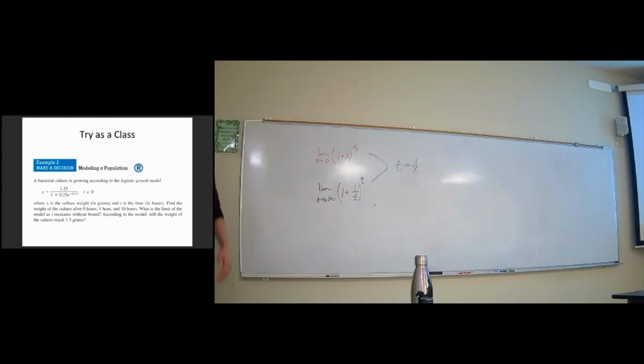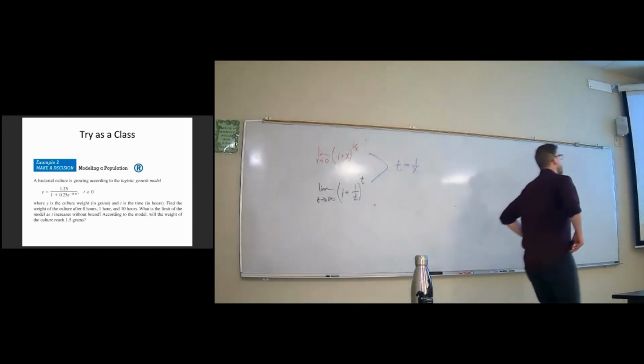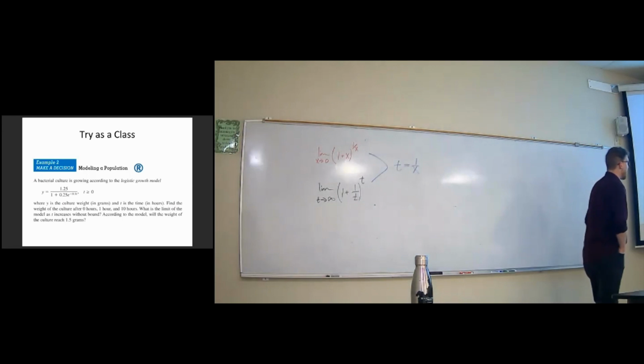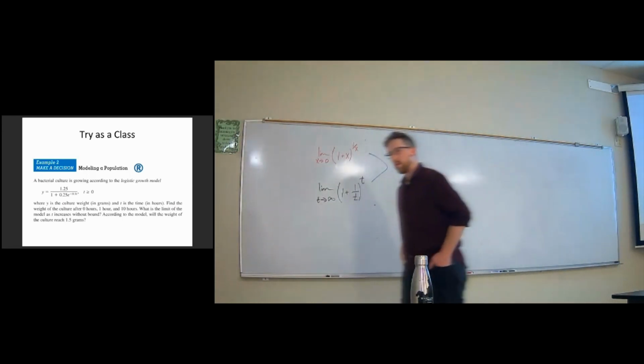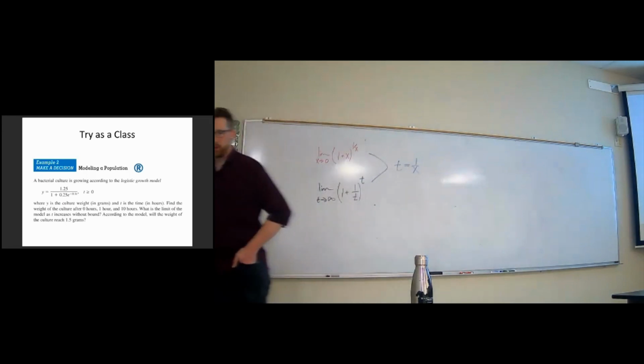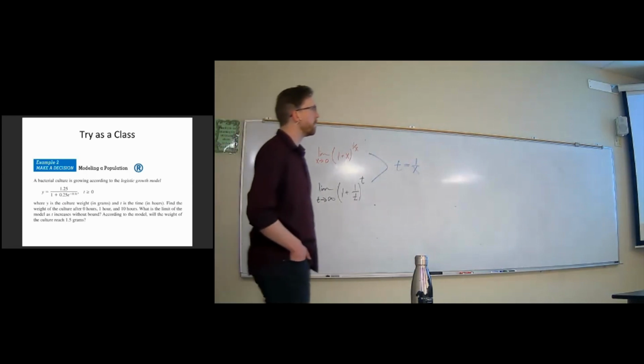So, getting into what this class is actually about, getting back to these problems, and getting back on track. Let's say we have this model that predicts how much a culture is going to weigh as a function of time.